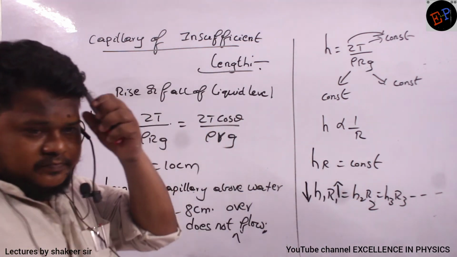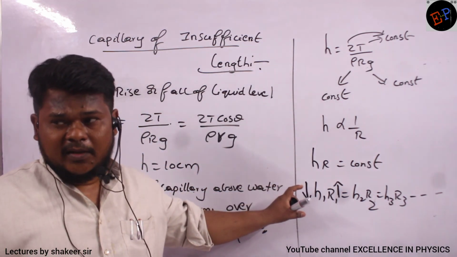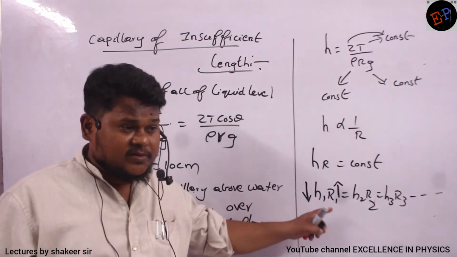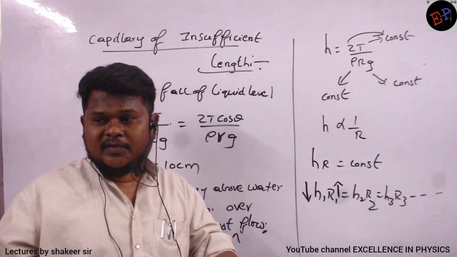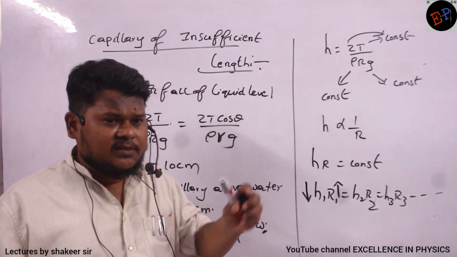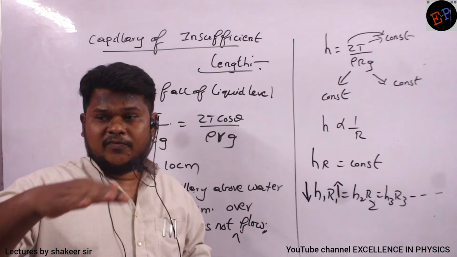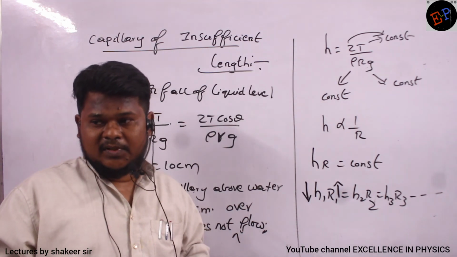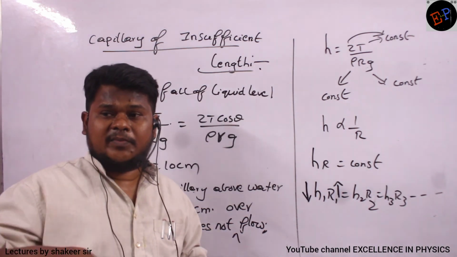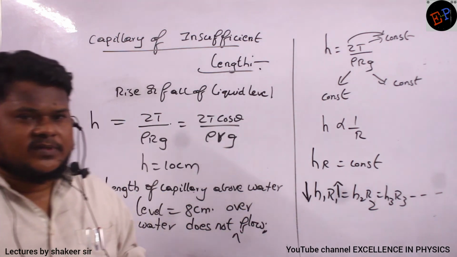If the height of the capillary tube I am taking is not sufficient, then what happens to the radius of the liquid meniscus? Radius of the liquid meniscus increases. As you continuously reduce the length, radius continuously increases. If radius increases, flatness is increasing. So the shape of the liquid meniscus will become more and more flatter. That is what happens when I take a capillary of insufficient length.